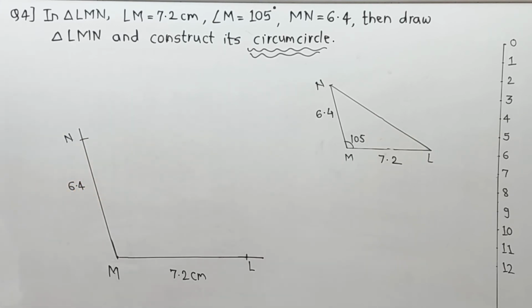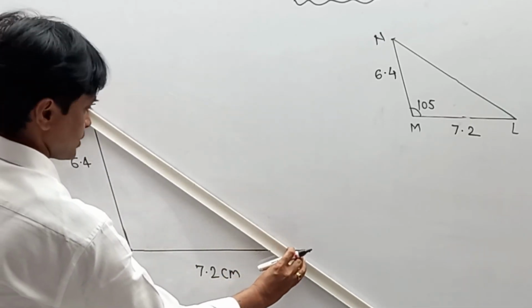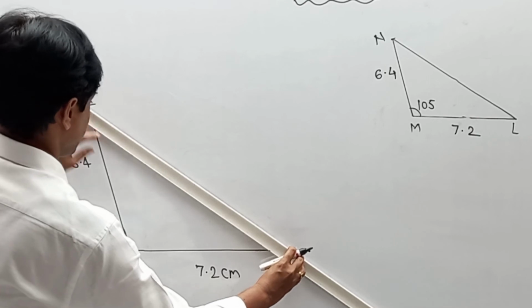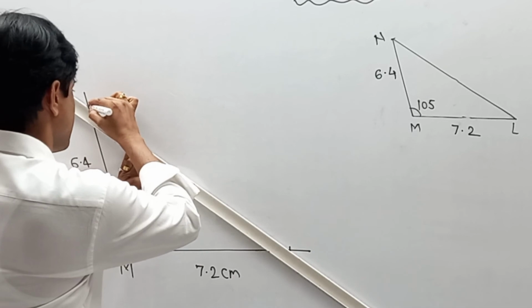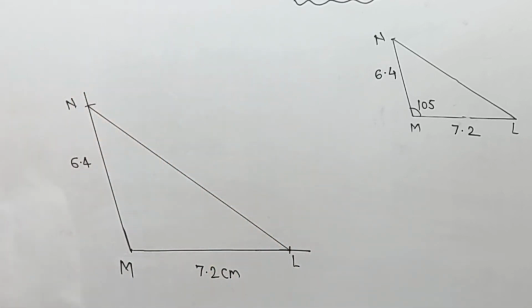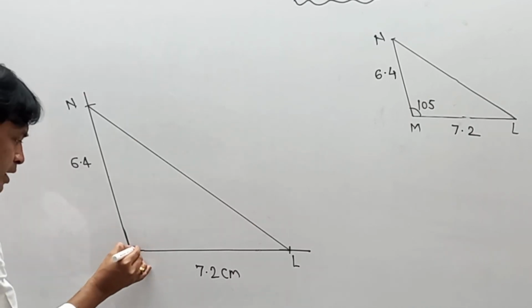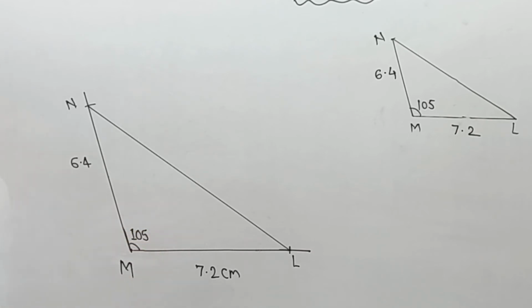Now, we have to join L with N. In this way, our total diagram is completed, where angle M is 105 degrees.